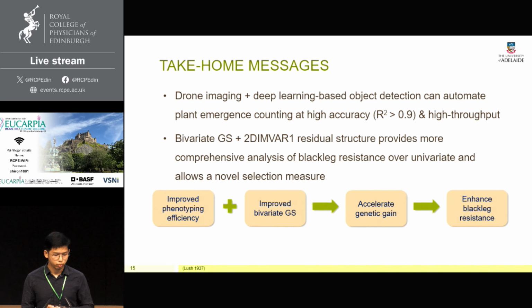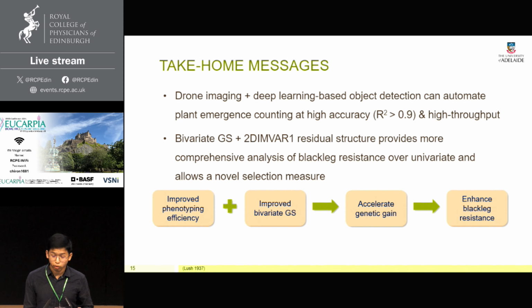And the second part, which is using a more optimal bivariate genomic selection approach with a flexible 2D VR1 residual variance structure, allows for a more comprehensive analysis of blackleg resistance over the historic univariate approach, and it also allows for a novel selection measure called responsiveness.